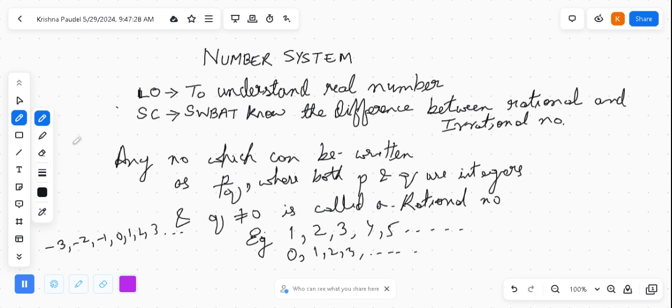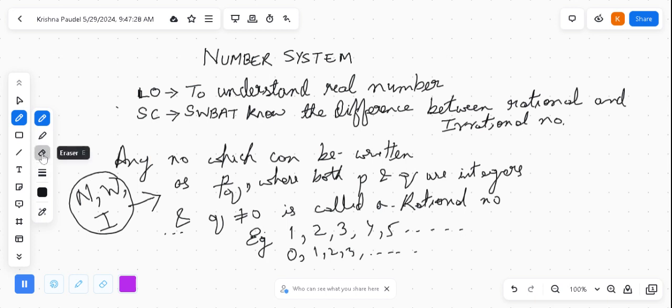So from here we can conclude that whatever we learned in our lower classes, like natural numbers, whole numbers, and integers, all together we can call them rational numbers. If you ask why, it is because all these natural numbers, whole numbers, and integers can be written as p by q. So that's the reason we can say natural numbers, whole numbers, and integers are rational numbers.